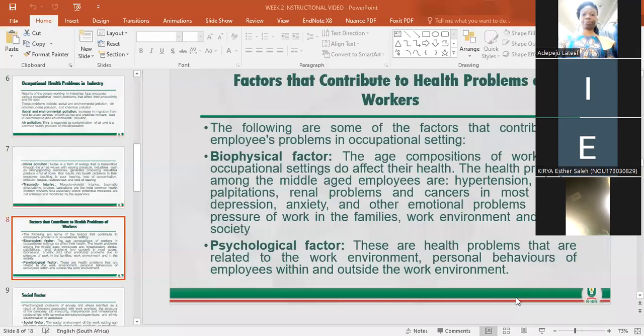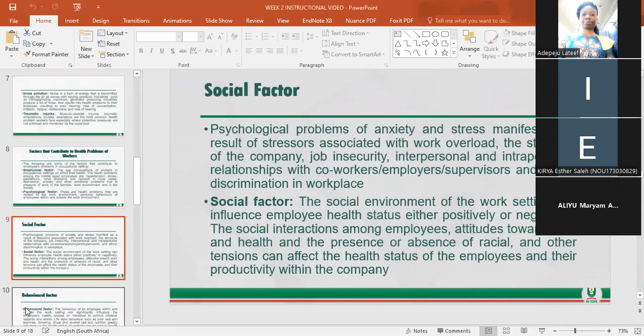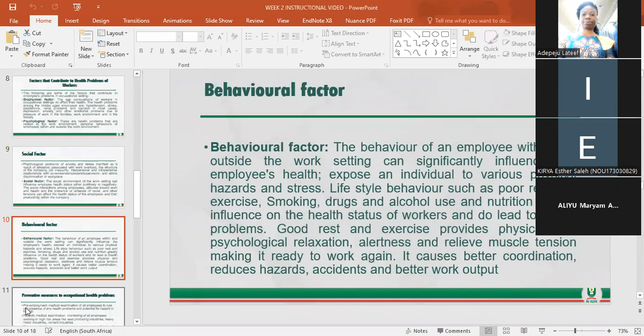Basically, we have four factors that may contribute to health problems of workers. We have the biophysical factor, the psychological factor, the social factor, as well as the behavioral factor.